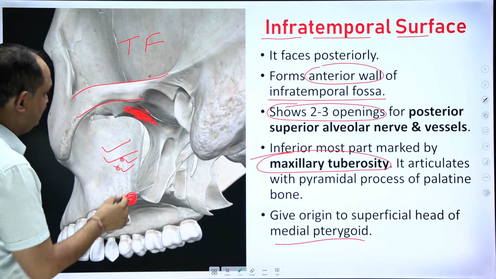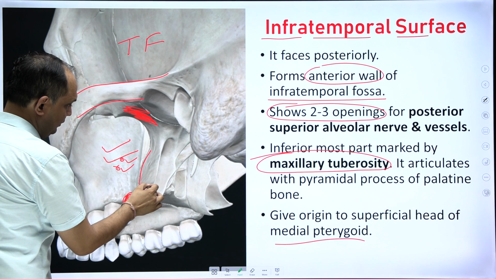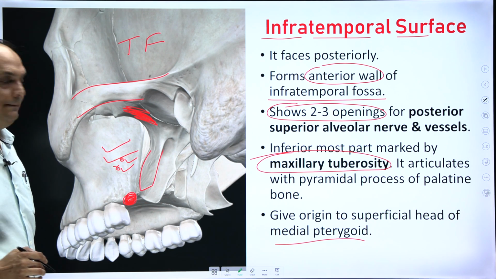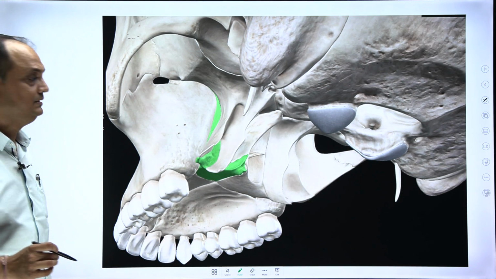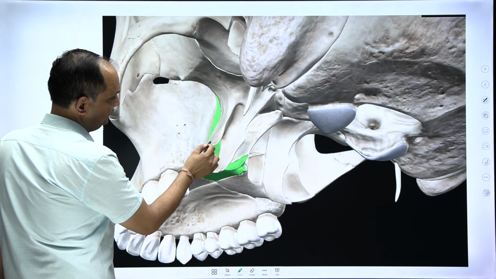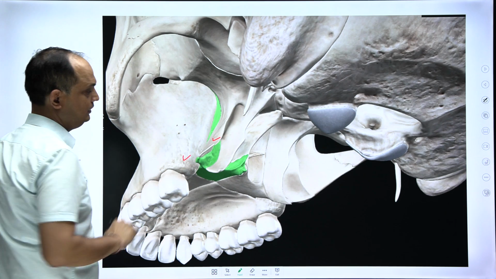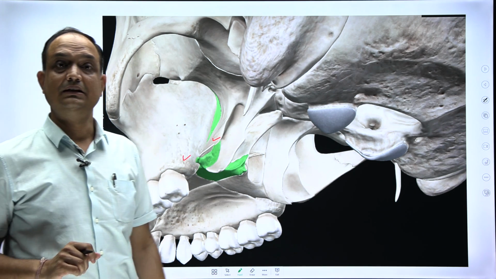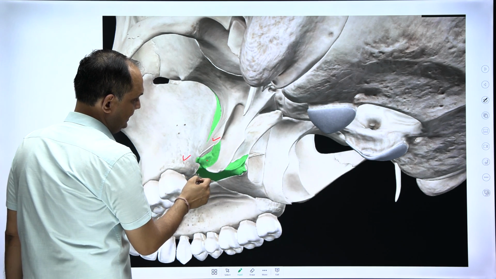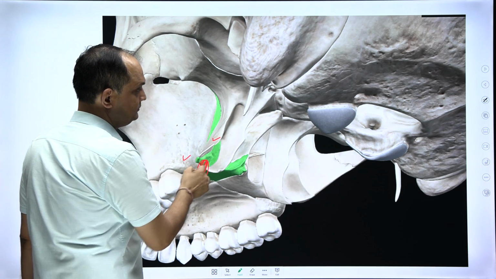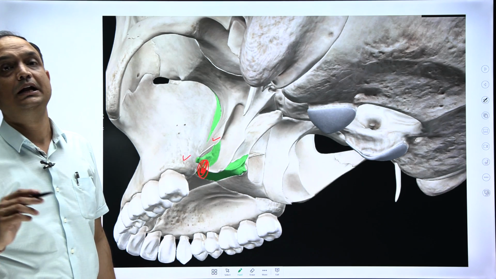Now there is one important question: this maxillary tuberosity posteriorly makes a joint with which bone? Here you will see that this is the wing of the sphenoid, but dear student, you have to understand, as is more clear in this image, that this wing of the sphenoid does not make a joint with this part of the maxilla directly. In between you can see this green colored structure, and this green area is known as the pyramidal process of the palatine bone.